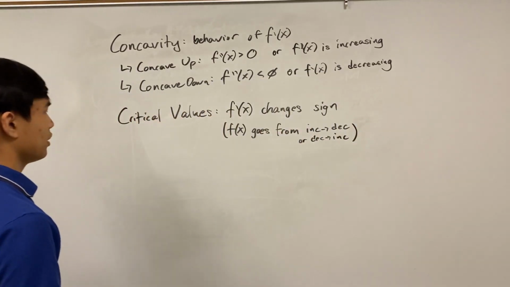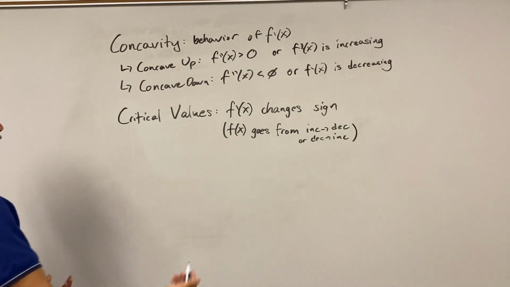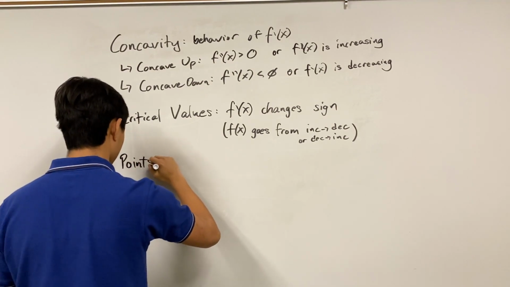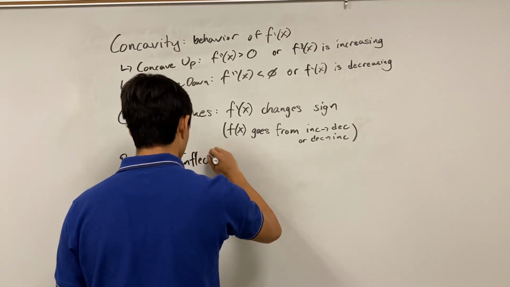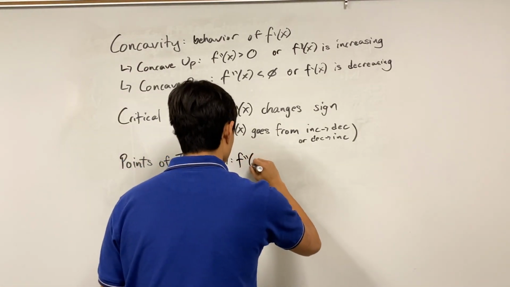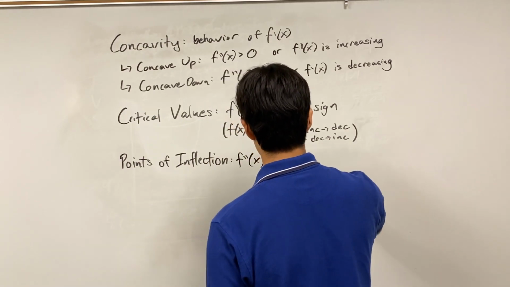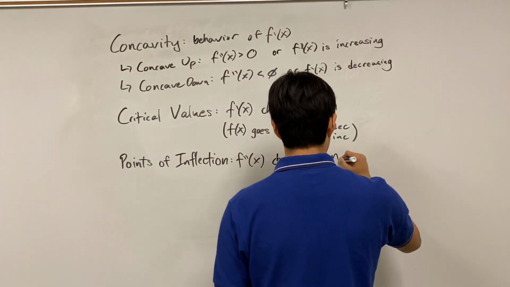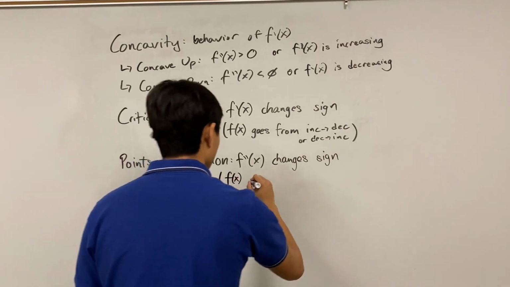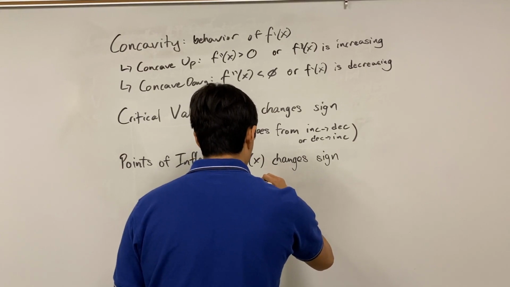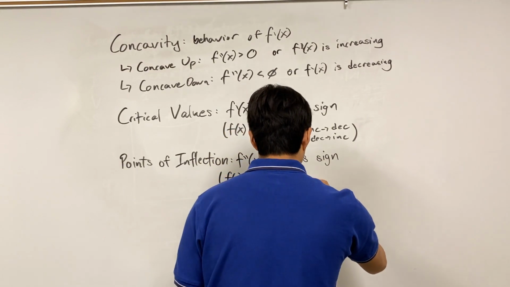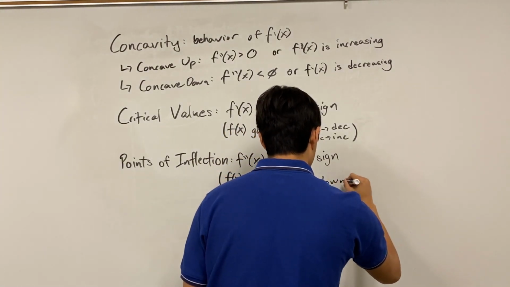Like so. And for the second derivative, for concavity, we call them points of inflection. Points of inflection are where f double prime changes in sign, or when f of x goes from concave up to concave down, or vice versa.